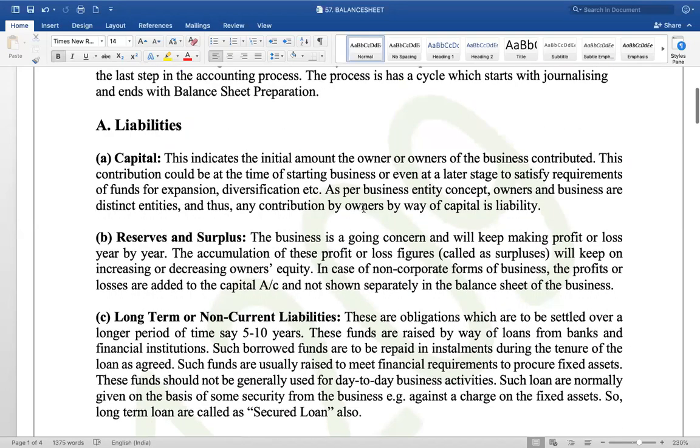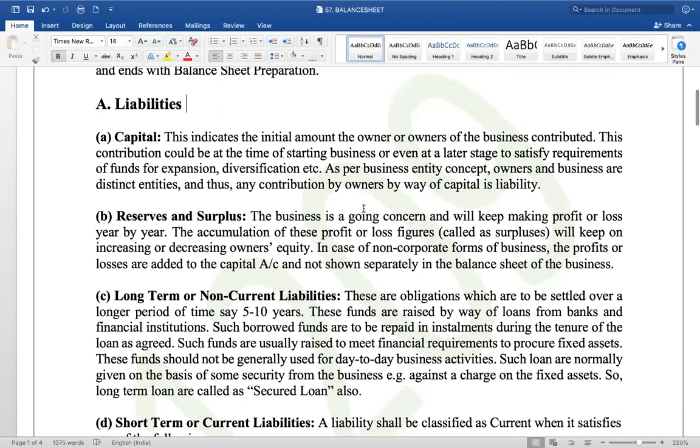So, I told you that it is a statement of liabilities and assets. Now, in a horizontal form of balance sheet, we take liabilities on the left side and assets on the right side. Sir, is it a must that liabilities should be left and assets should be right?